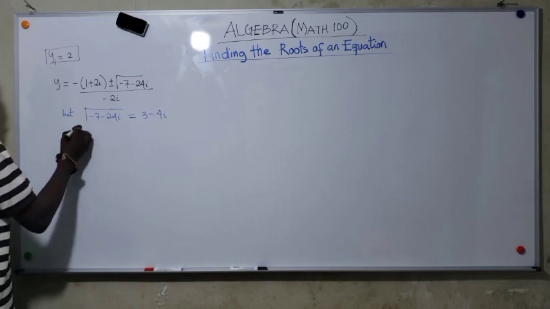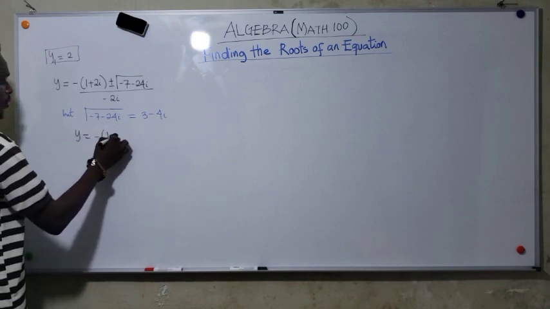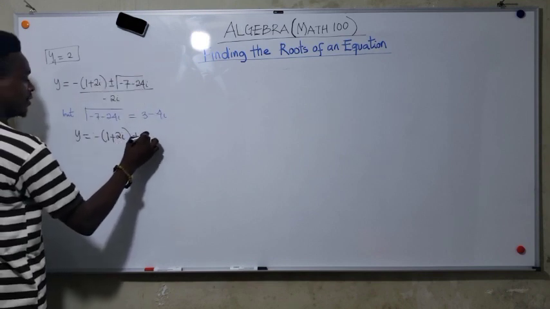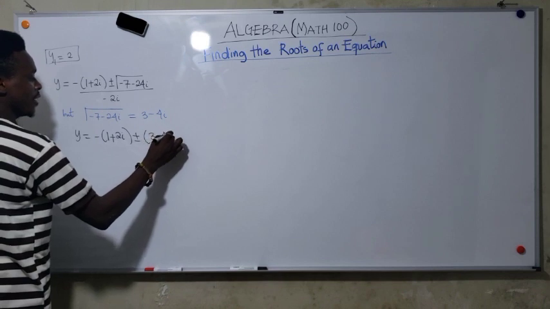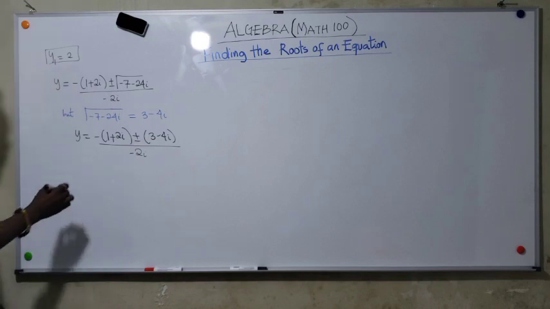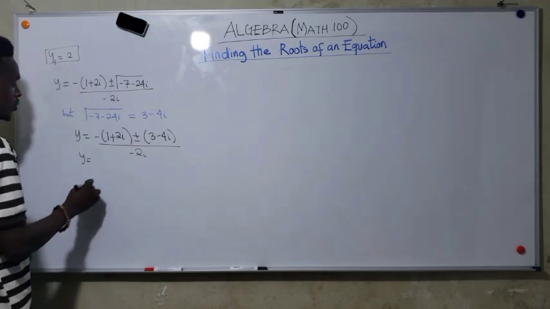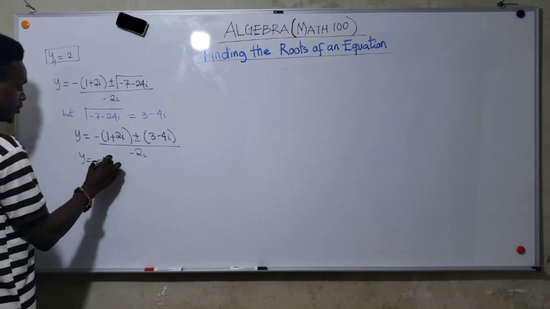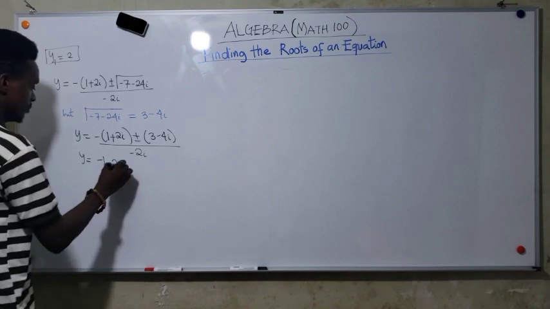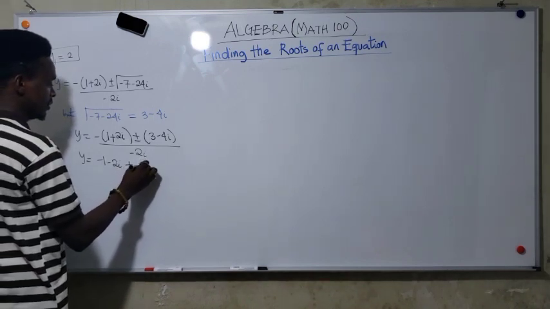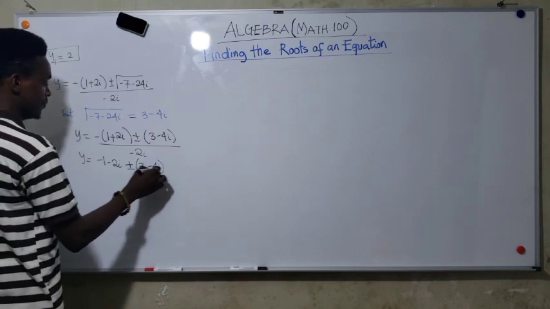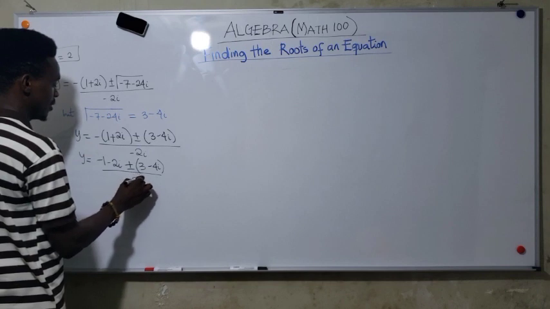So we can continue. We say y is equal to minus parentheses 1 plus 2i, plus or minus our complex square root, 3 minus 4i, all divided by minus 2i. We can simplify. We have y is equal to minus 1 minus 2i plus or minus 3 minus 4i, all divided by minus 2i.